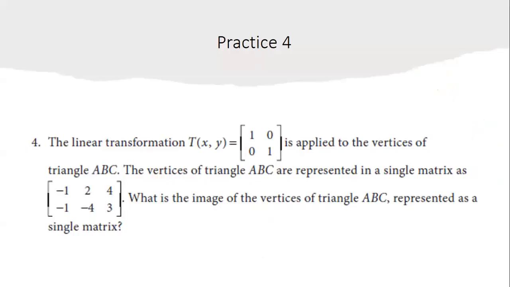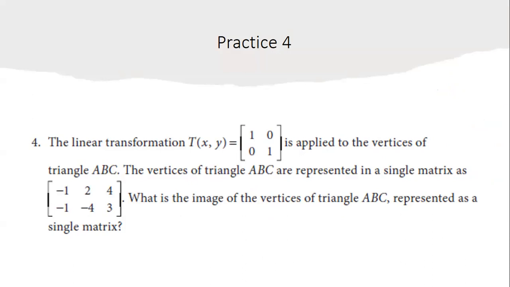Okay. Practice 4. The linear transformation that we have here, 1, 0, 0, 1, is applied to the vertices of the triangle ABC. The vertices of the triangle ABC are represented as a single matrix: -1, -1, 2, -4, 4, 3. What is the image of the vertices of the triangle represented?